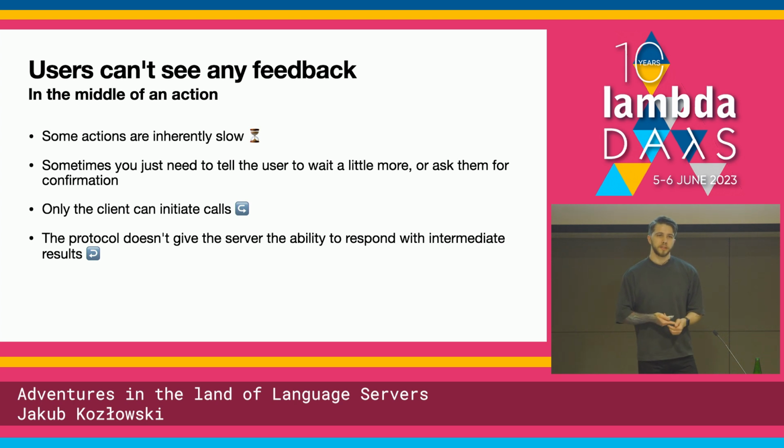And the current problem with this is that only the client, only the editor, can initiate calls. So the server cannot just say I will return a response right now, and then later another one. That's not possible in the current design, because it's just HTTP client-server. That's just a flaw in the protocol.